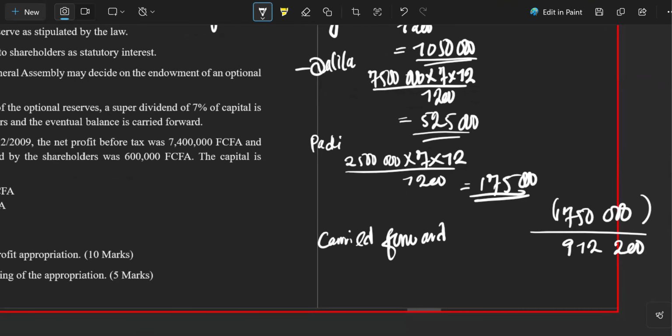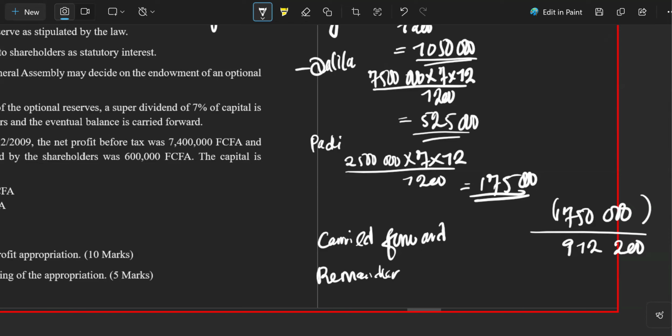So if this is our carry forward, now we are going to have a remainder. The remainder now will be 0. How?